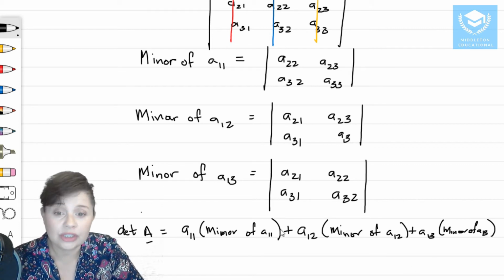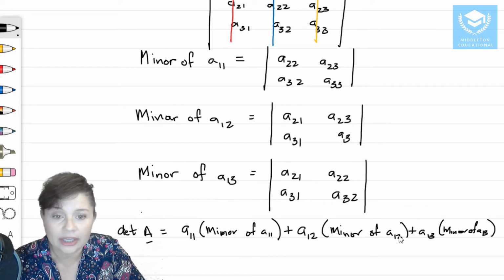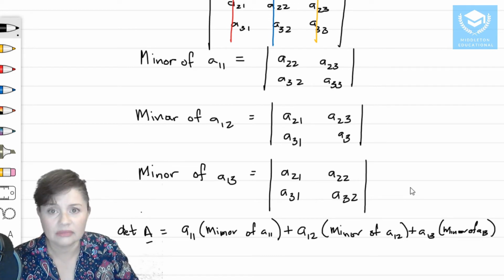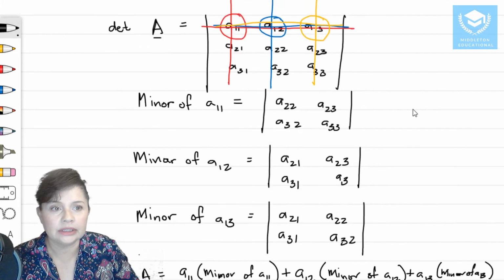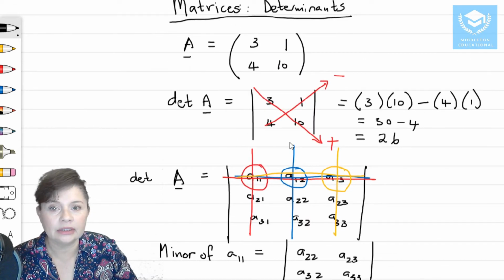Okay, now you see here I've said plus, but the signs are actually not just addition, right? You remember when we did the 2 by 2 matrix, it depended on the direction that you're going in. So you see here it was plus, but this one is minus.